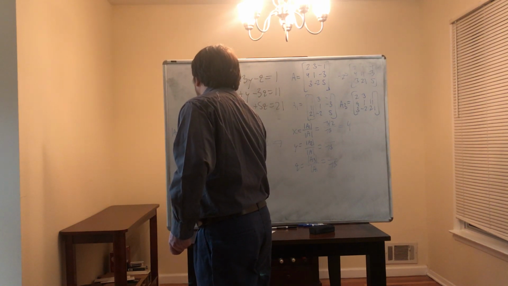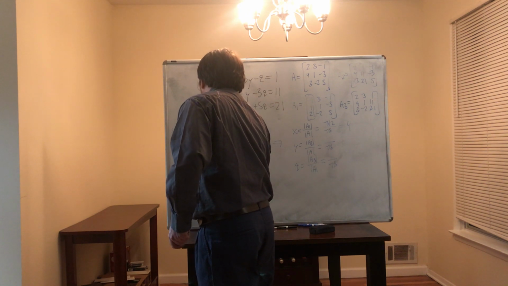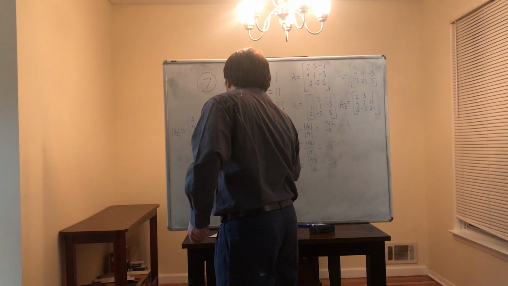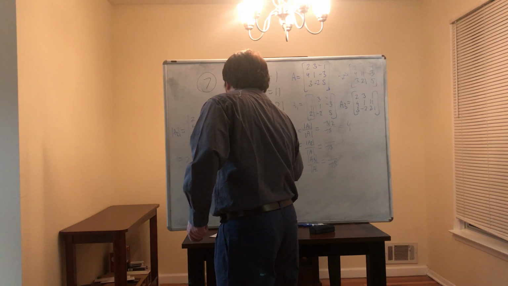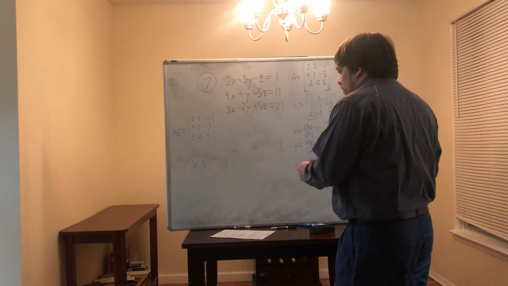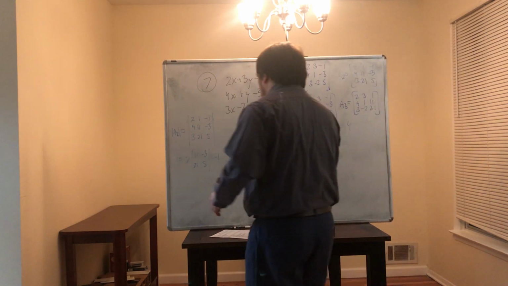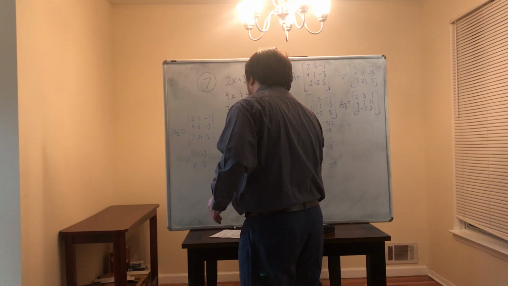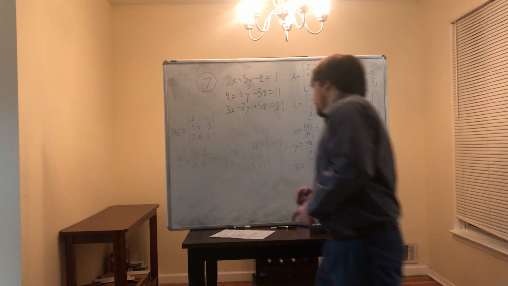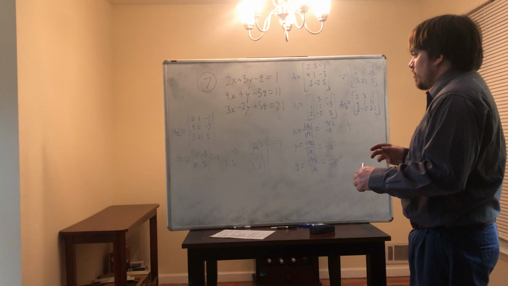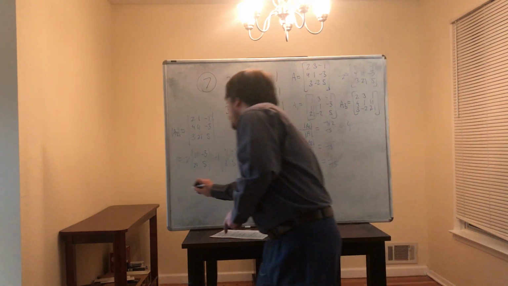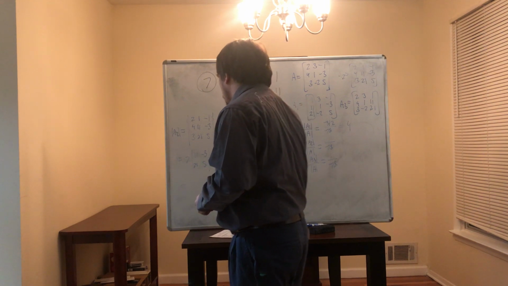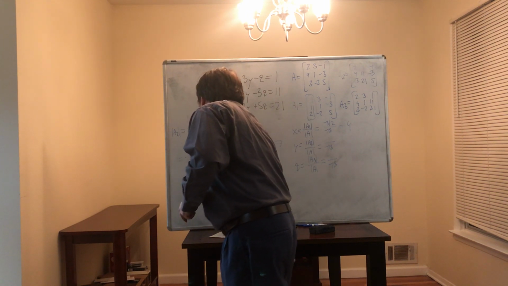It's 2 times the determinant of that submatrix minus 1 times the determinant of that matrix plus negative 1, or minus 1, times the determinant of that. So now this is equal to 2 times the determinant of that, which is 55 plus 63, which is 118 again. So that's 2 times 118.